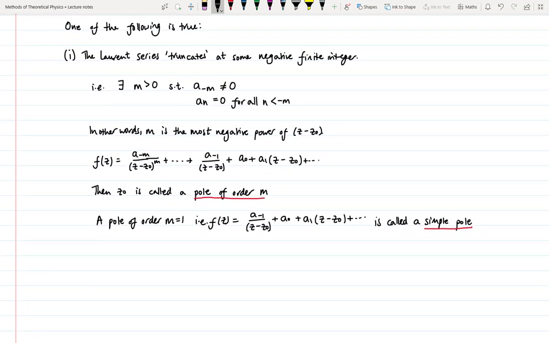The other possibility for our Laurent series is this. The Laurent series does not truncate. So it doesn't terminate. Instead, it continues to negatively infinite powers.